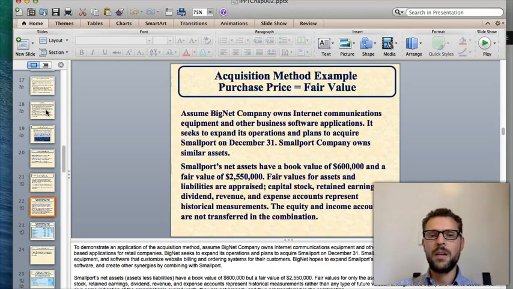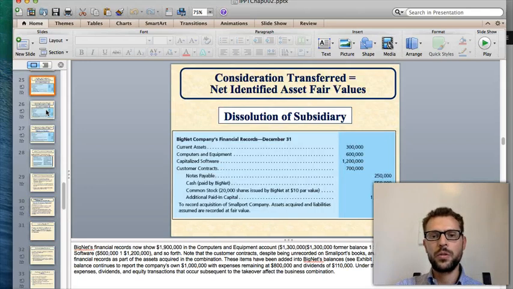I want to talk about an example here. Assume BigNet Company owns internet communications equipment and other business software applications. It seeks to expand its operations and plans to acquire Smallport. Smallport's net assets have a book value of $600,000 and a fair value of $2.55 million. So how much are they paying?